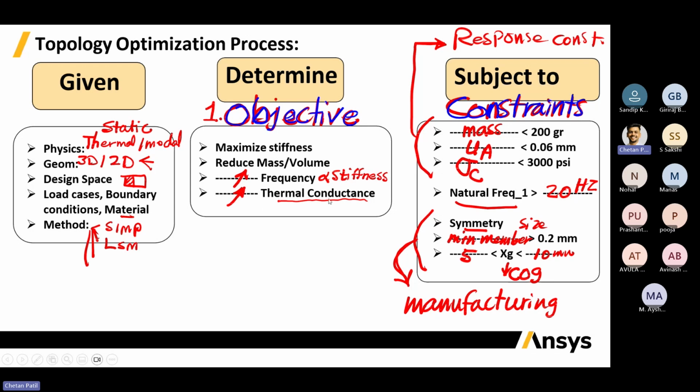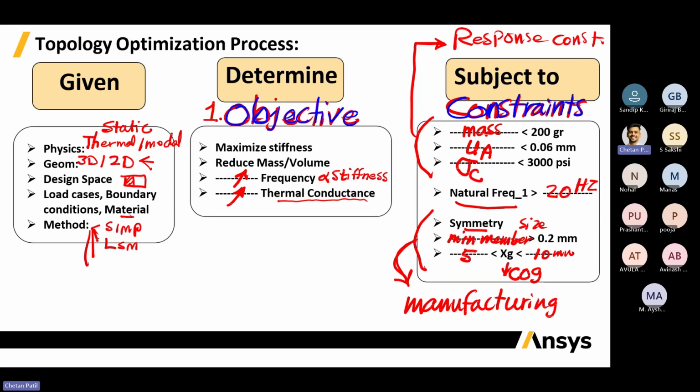But all these objectives that we are doing the optimization for should be subjected to some kind of constraints, so that your objective will not be misguided or will not be left unconstrained. So whenever you are trying to define some kind of stiffness, there should be some amount of actual mass available.